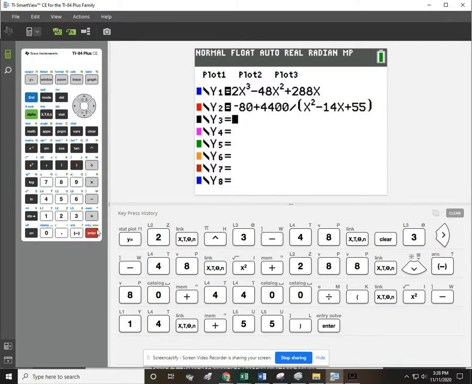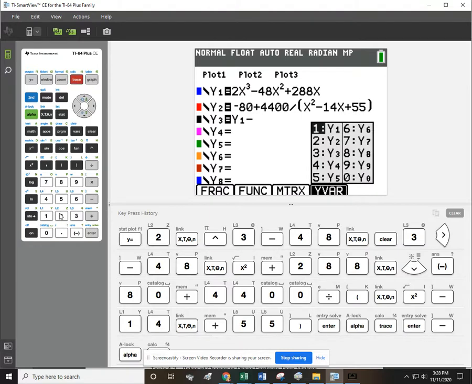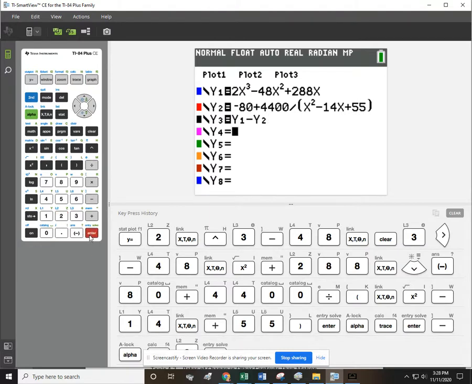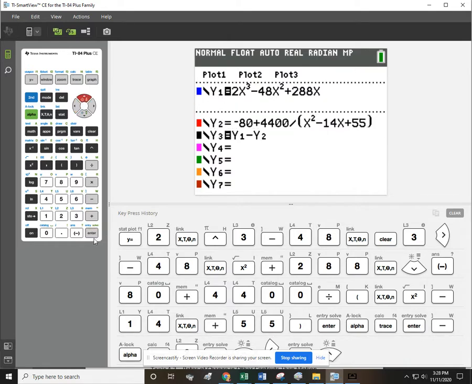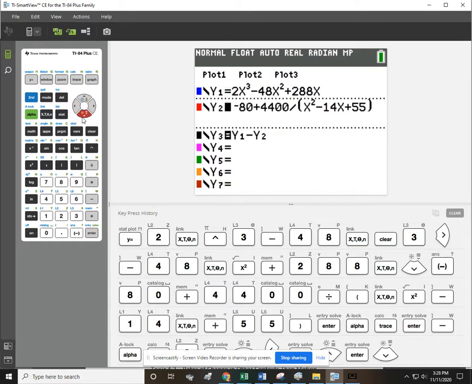And then Y3 is going to be Y1, rate in, minus Y2, which is rate out. All right, now I only want to graph my h function, which is rate in minus rate out, the Y3. So I'm going to turn those others off.